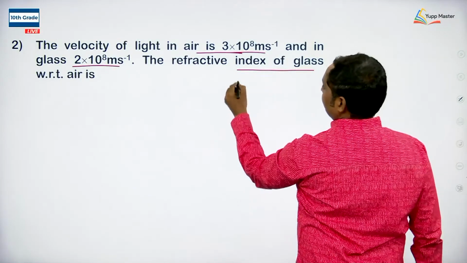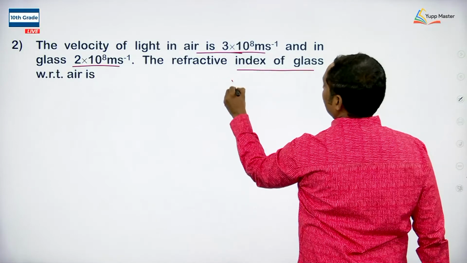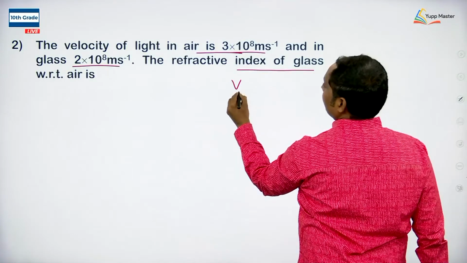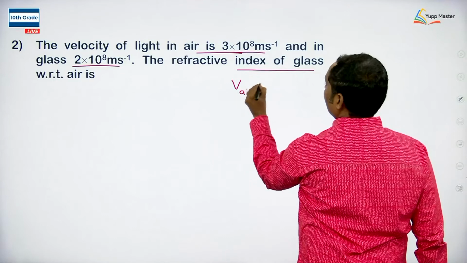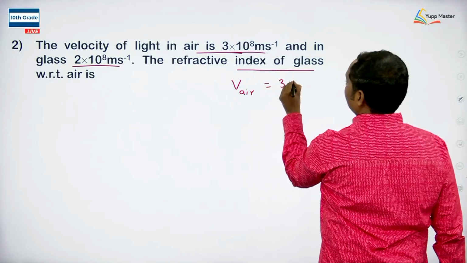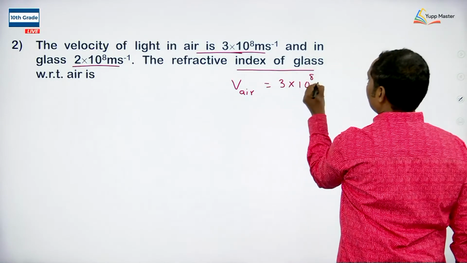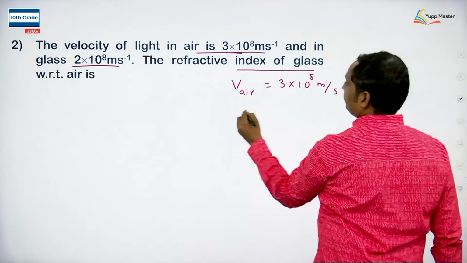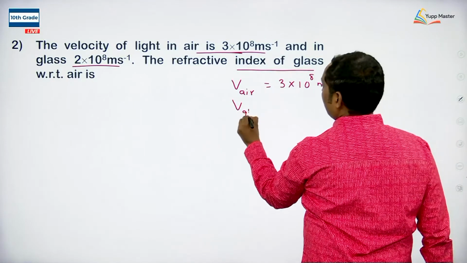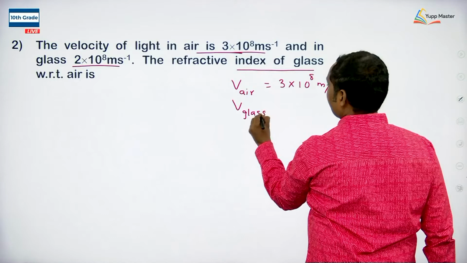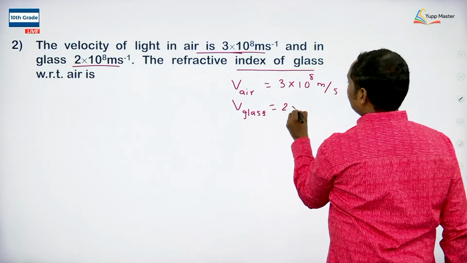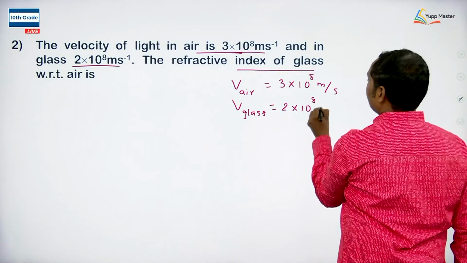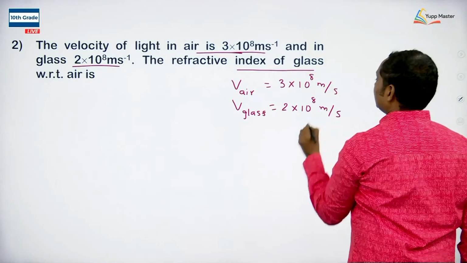So you will find that V air is 3 into 10 power 8 meter per second, and V glass is 2 into 10 power 8 meter per second.